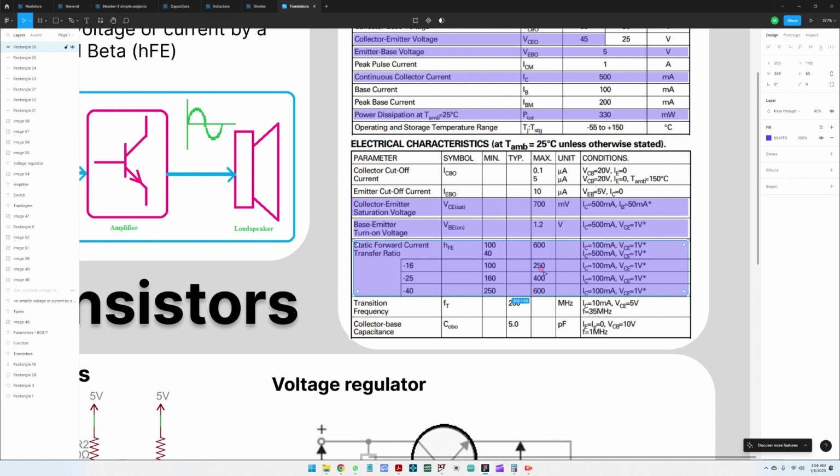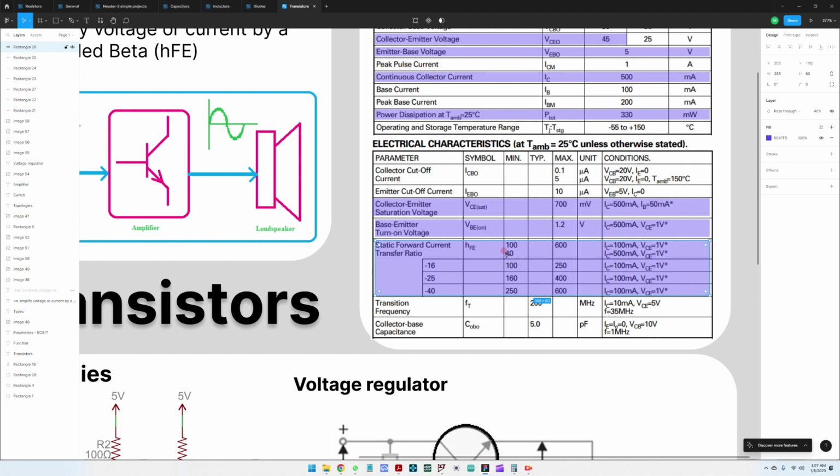But without a feedback network, this transistor can go to 600 times the input current. This is quite a high amplification factor, but usually it goes from about 100 to 600 for this component.